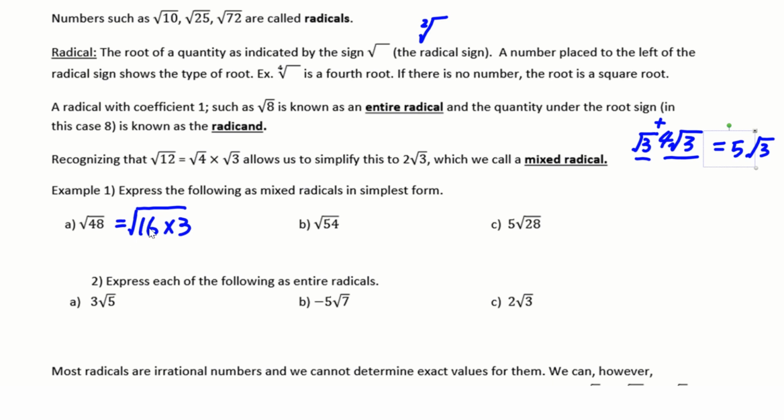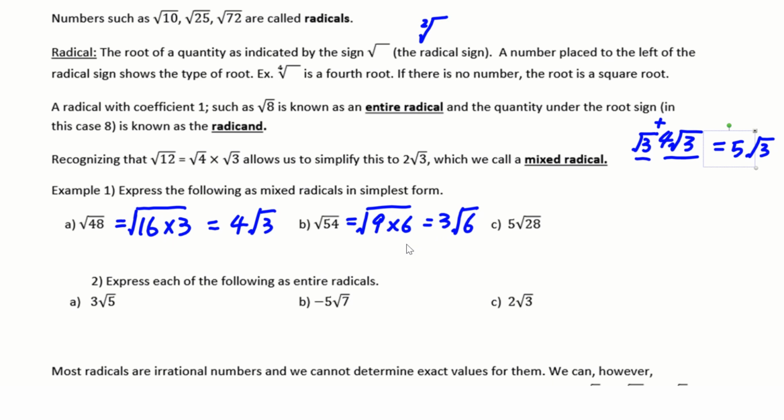The square root 16 we could take out. So square root 16 is 4, then times square root 3. So this is the mixed radical for this entire radical. And for square root 54, we have perfect square number 9, then times 6. Square root 9 gives you 3, then times square root 6.